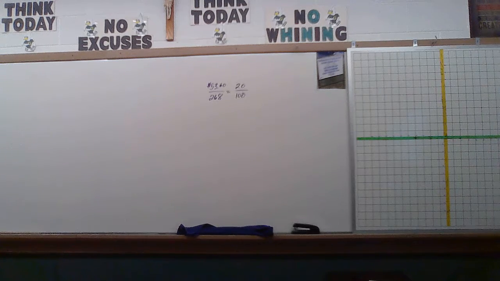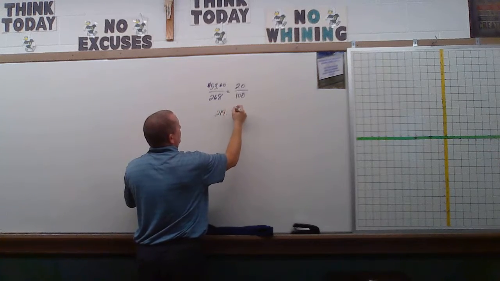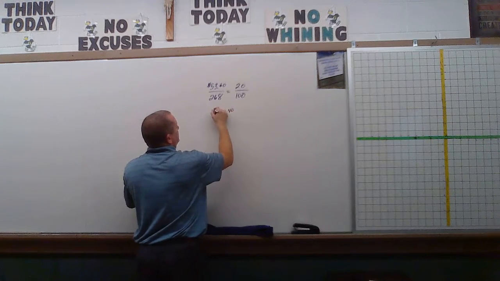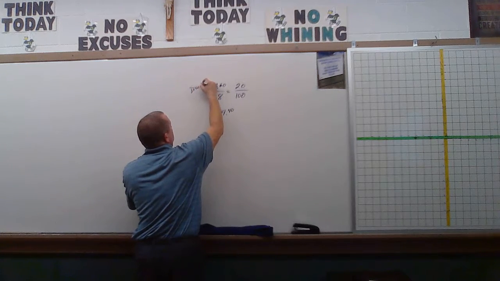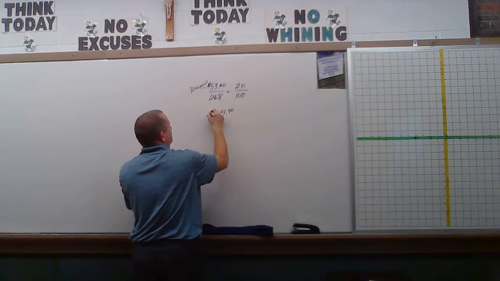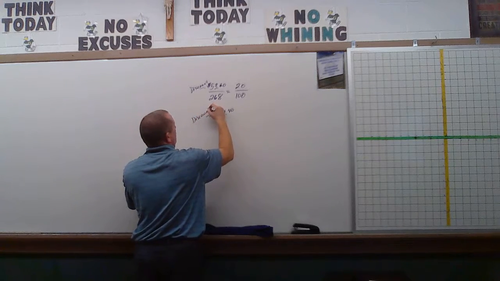Take 268 minus the 53.60, and we would say what? $214.40. So, this is my discount. This is my discounted price. What else can we call this?